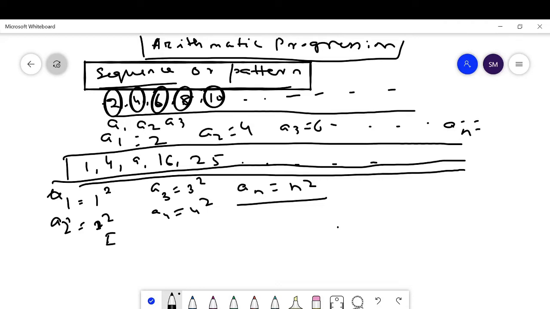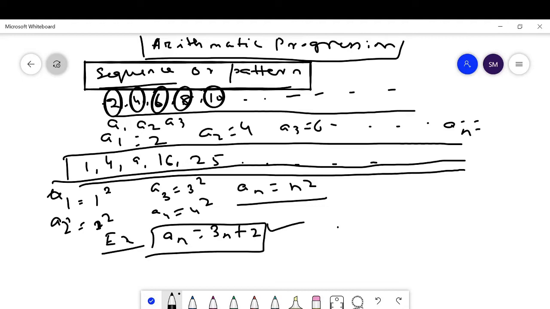Find the first 3 terms of the sequence. Here is an example: an is 3n plus 2. Here A1 is 3 into 1 plus 2, means 3 plus 2, which is equal to 5.